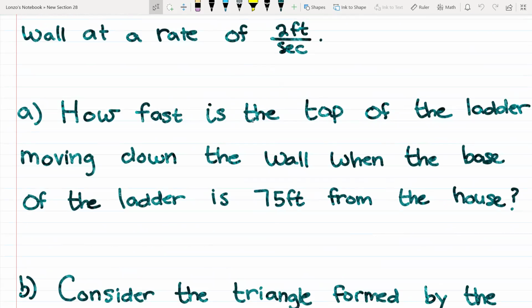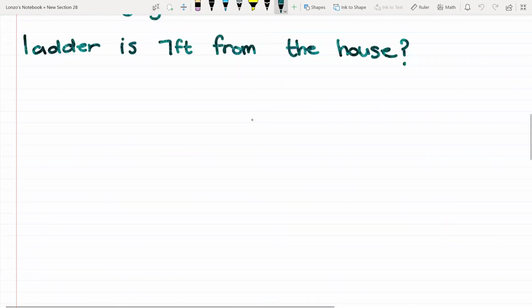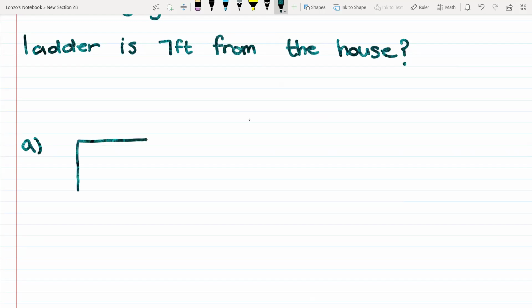Okay, so let's do part A. How fast is the top of the ladder moving down the wall when the base of the ladder is 7 feet from the house? But let's draw our image. So here we have a house. Here's the door. Here's some windows.